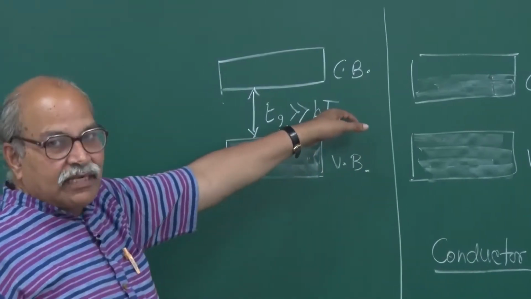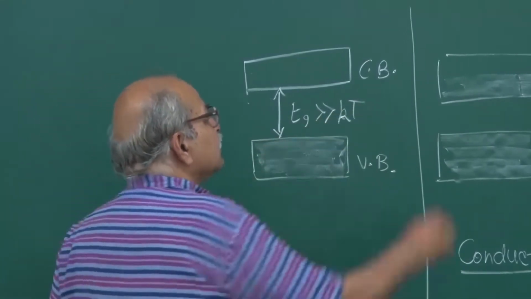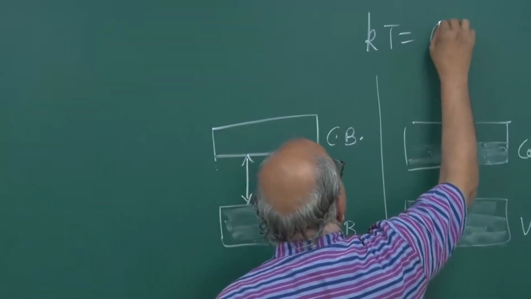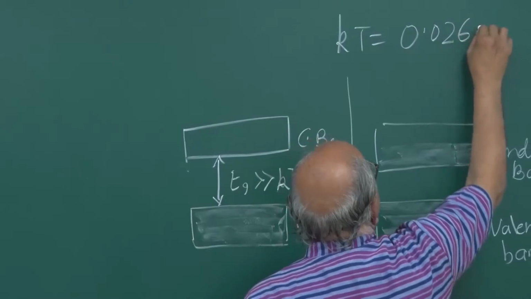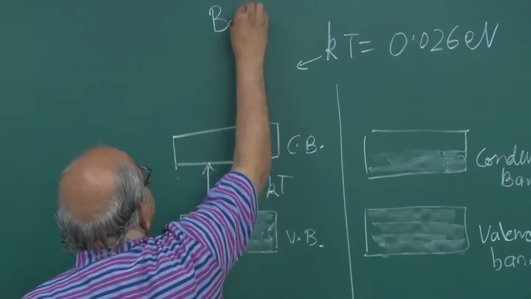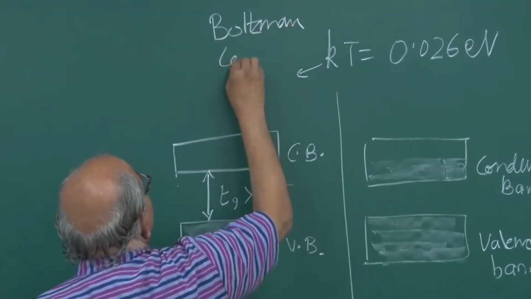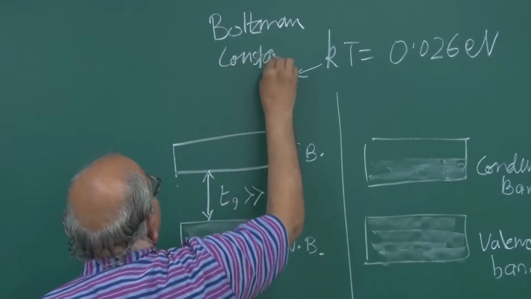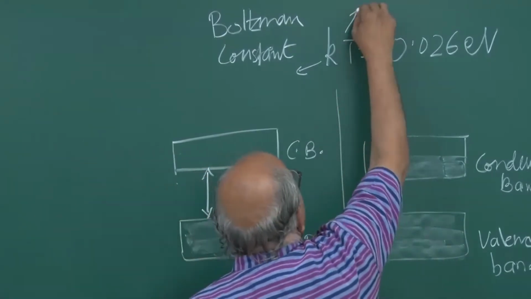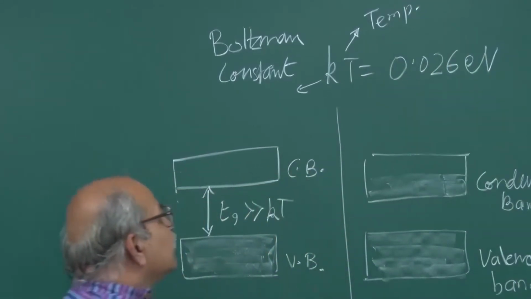Normally we work at around room temperature, and at room temperature this kT, as I told earlier, is 26 milli-electron volt or 0.026 eV, right. This k is the Boltzmann constant, and T is the temperature in absolute scale, in Kelvin.